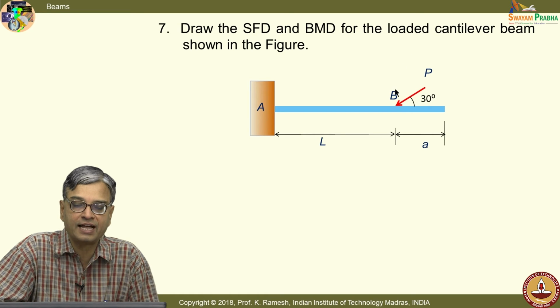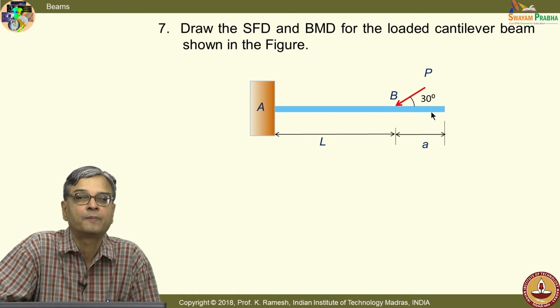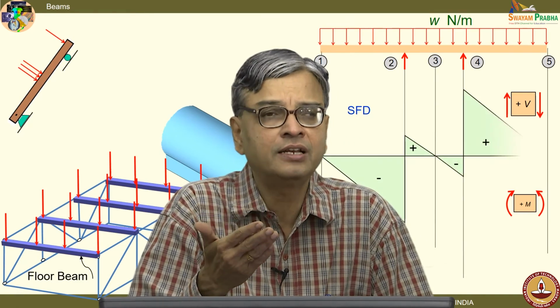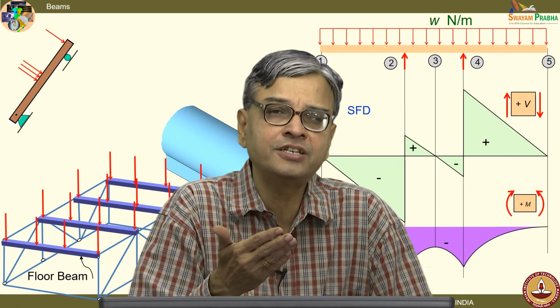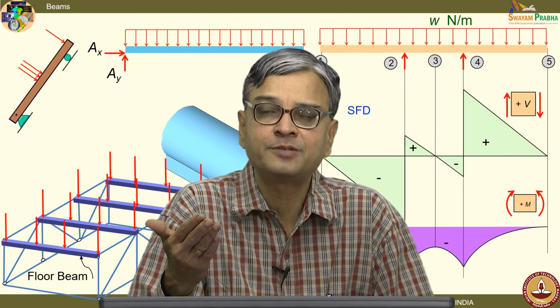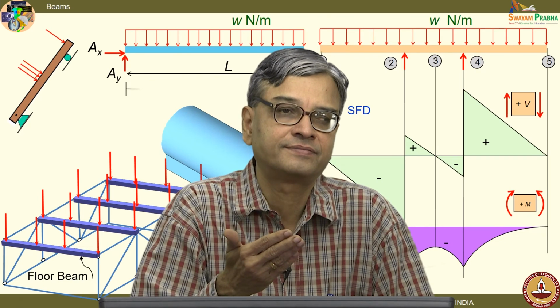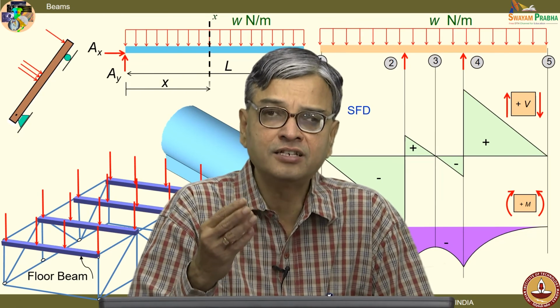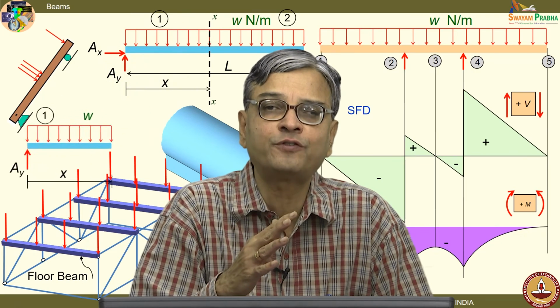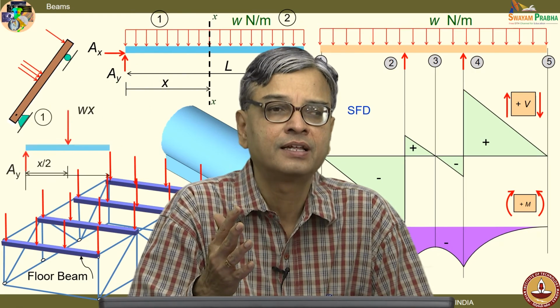So, in this case I have a load which is at an angle. We have already seen that a slender member can transmit in general moments in 3 directions and forces in 3 directions. So, it can transmit any of the 6 quantities. In this chapter, we are more concerned about drawing the shear force and bending moment diagram.